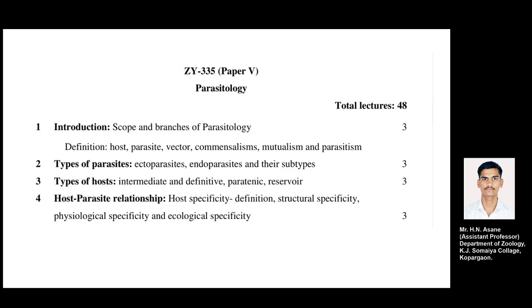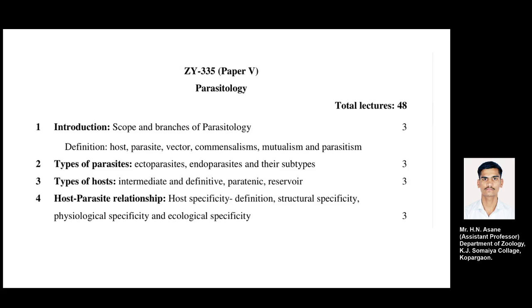The vector is a term used for the host animal, which is generally an invertebrate, arthropod or mollusk. These mollusk or arthropod vectors transfer the parasite from the vertebrate host to another host. That's why a vector is nothing but one transferring the parasite from one host to the other host.